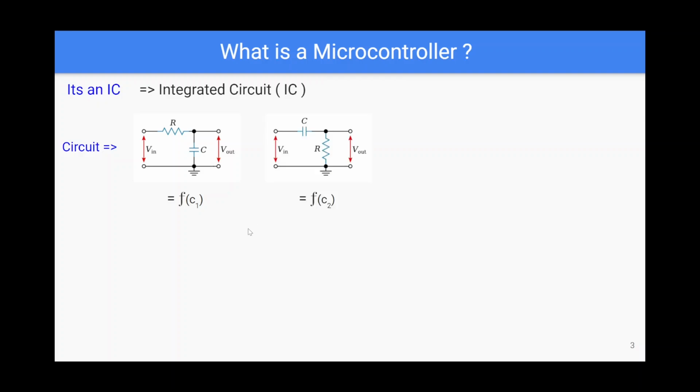Similarly, if we connect the same two components in this way, we achieve what we call a passive high pass filter, or a functionality C2. So this is circuit C1 achieving functionality FC1, and this circuit C2 achieving functionality FC2. Similarly, we can connect resistors, capacitors, inductors, transistors, transformers, and other components together to achieve functionalities.